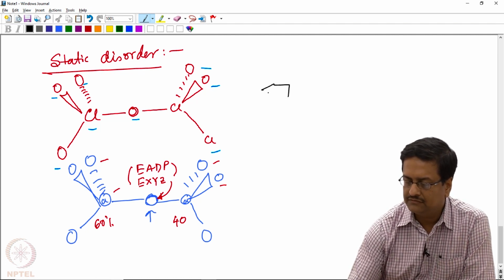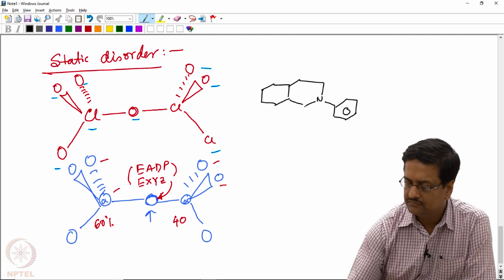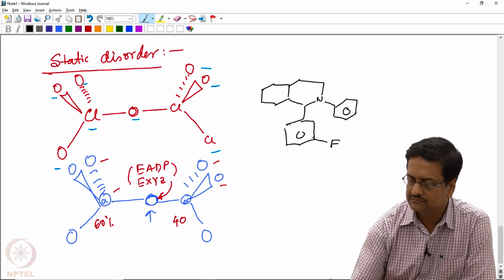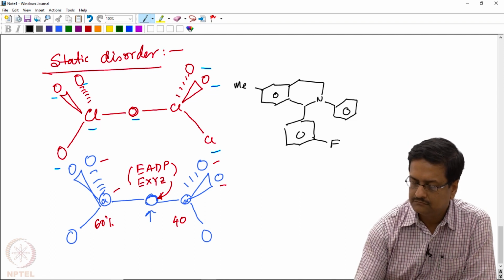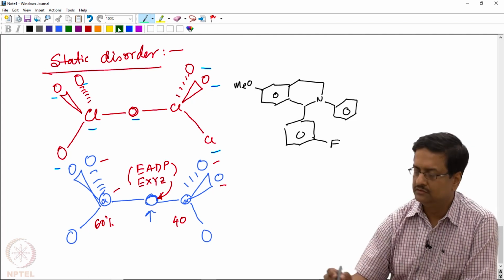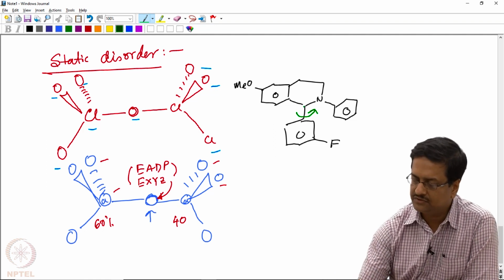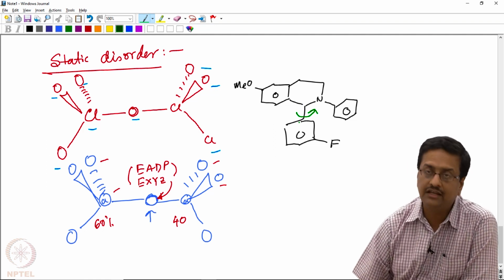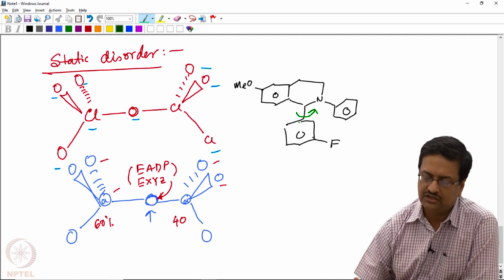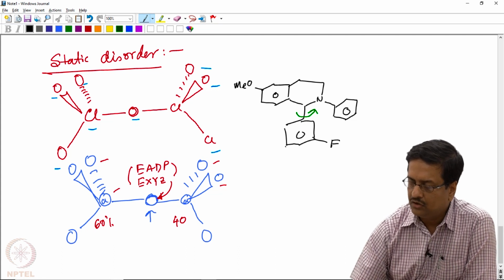Suppose you have a molecule like this, the way I am drawing, it is a derivative of isoquinoline, and then you have a fluorine atom here. It is possible that this molecule has a free rotation about this C-C bond, which is from C1 to this aromatic ring, and because of that free rotation, the fluorine on that can appear on either side.